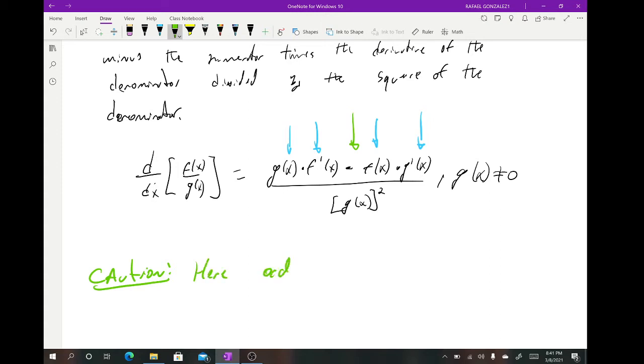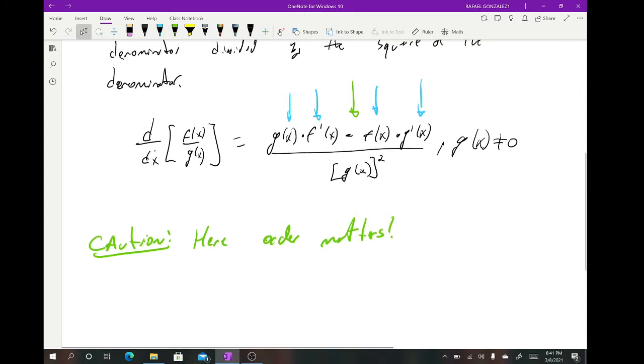Here, order matters. You cannot simply switch the order of the functions. For the product rule, it didn't matter whether you did the derivative of the first function first or the second function first, because you were adding things. But because here we have a subtraction, the order absolutely matters.